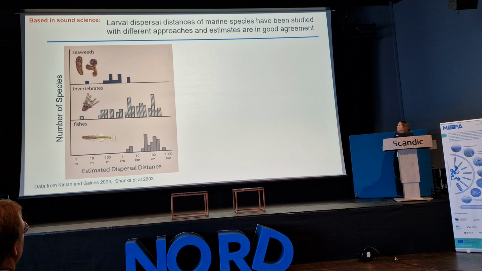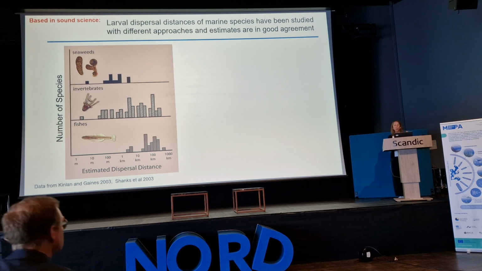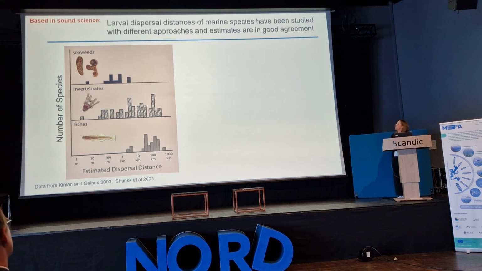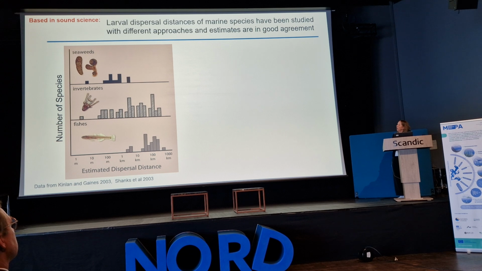Similarly, we had some information on larval dispersal distances. This was probably the one area where the science was the most new or not well developed back when we were designing this. It's moved the furthest for sure. We had some estimates from, in this case, genetic information about basic larval dispersal distances.